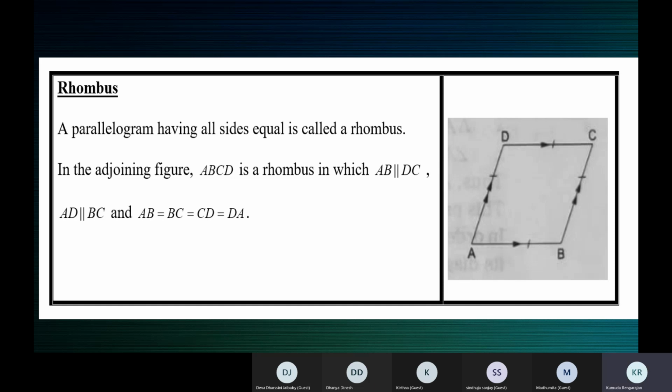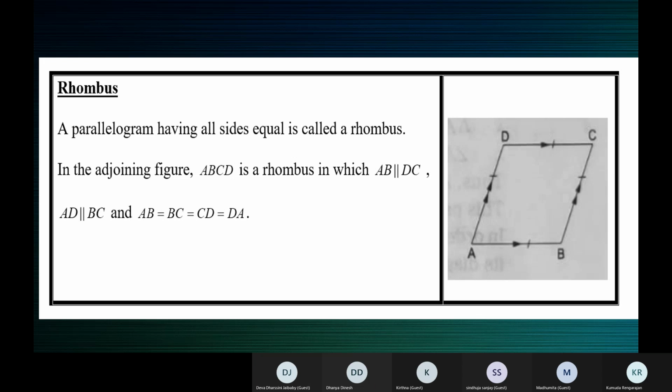Write down the properties of a rhombus. All sides equal, first one. Second, diagonals unequal. Third, diagonals bisect each other at right angles.